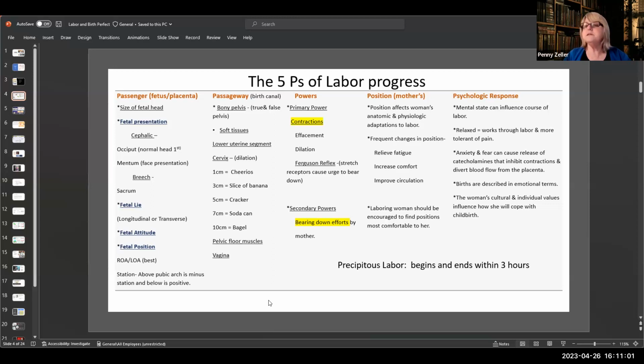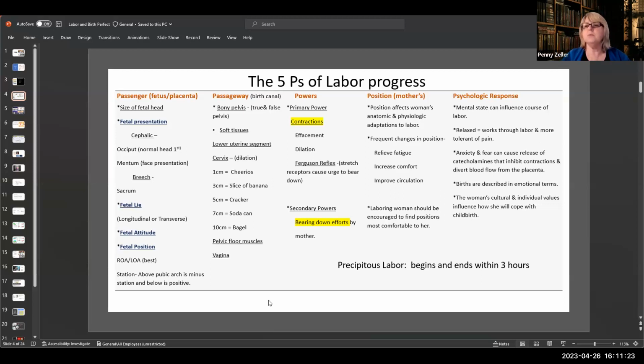Okay, and then the position of the mother. Usually squatting, standing, just an upright position is going to be more beneficial because gravity is going to help with delivering that baby. And it's just recommended that we do a lot of position changes.